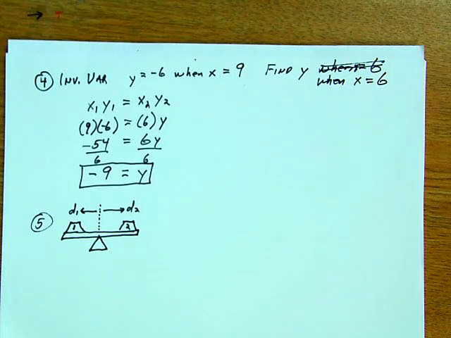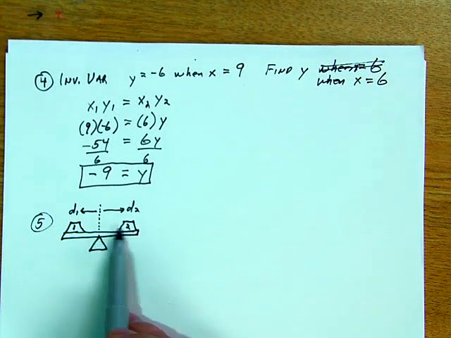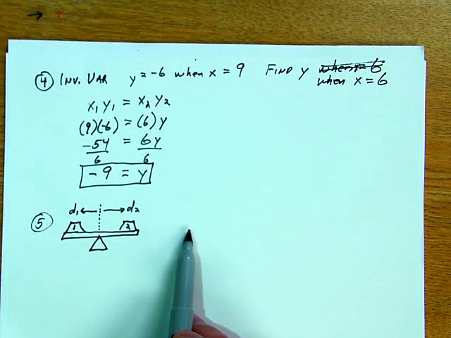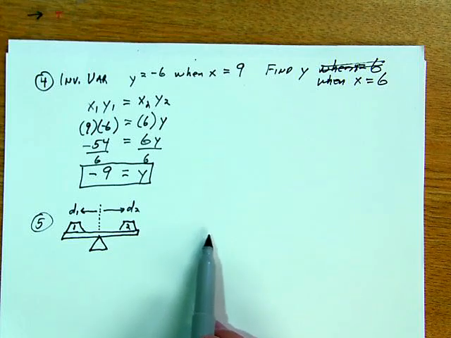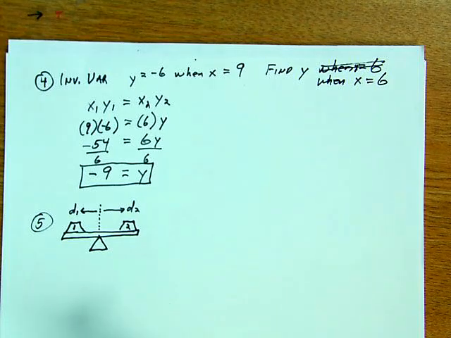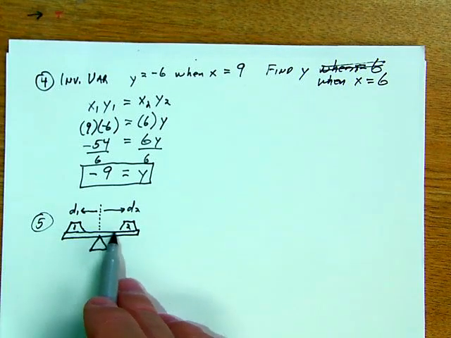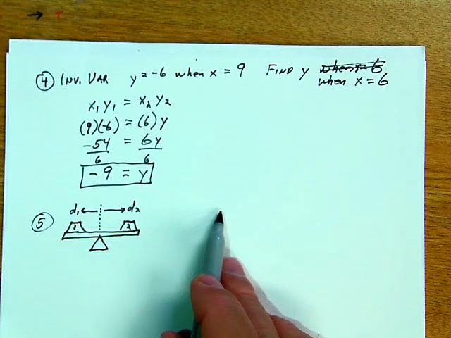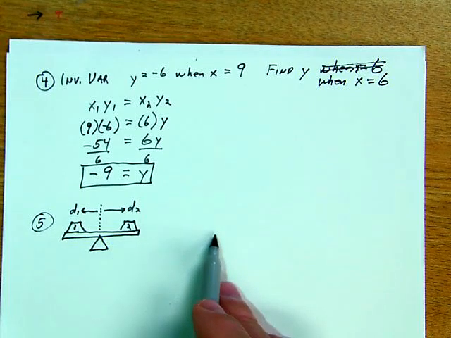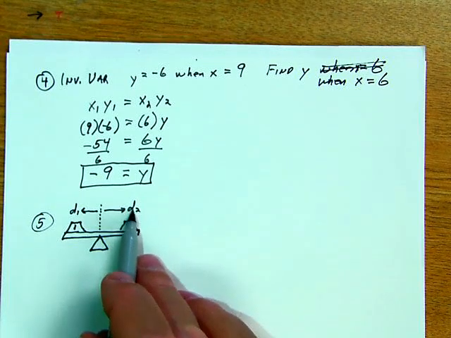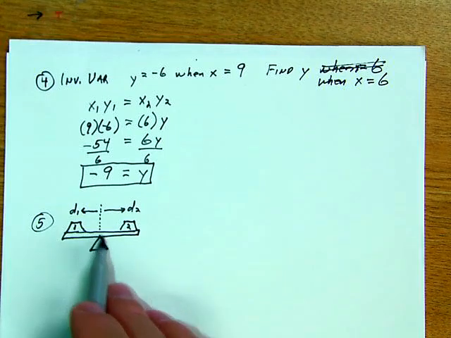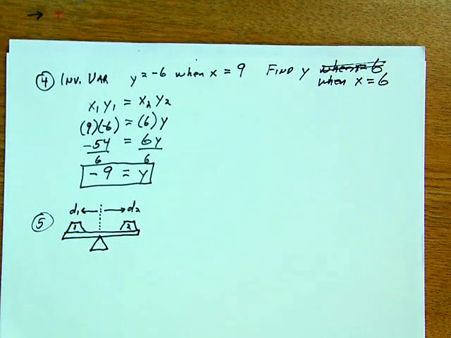What does that mean? It means the further the distance goes away, the smaller the weight needs to be to keep the balance. So as I move out, as the distance gets bigger, the weight can get smaller. Or as the weight gets bigger, the distance has to get smaller on one side or the other to keep the balance.